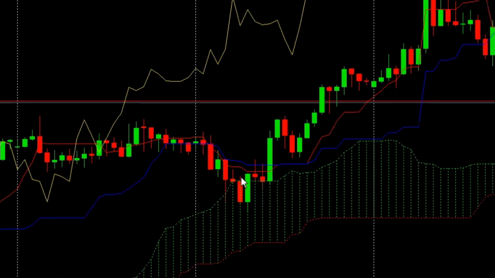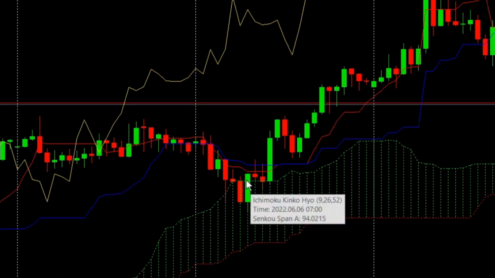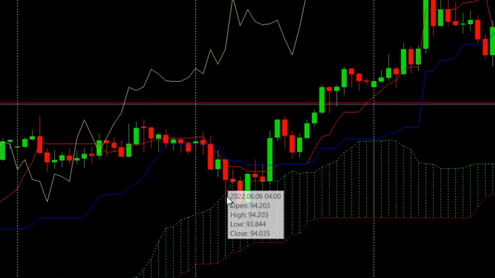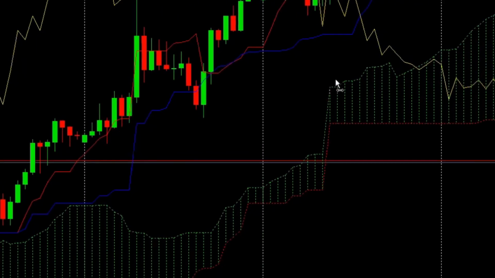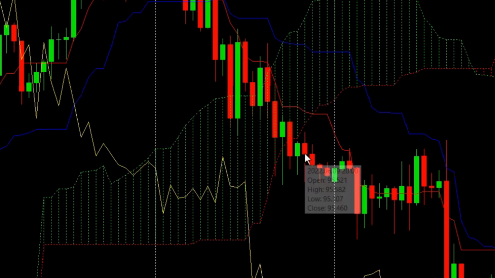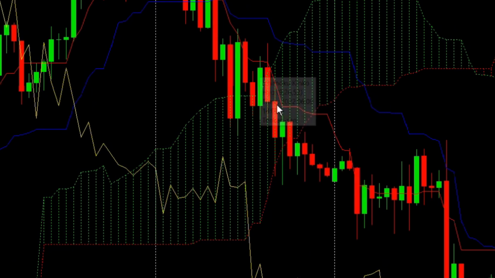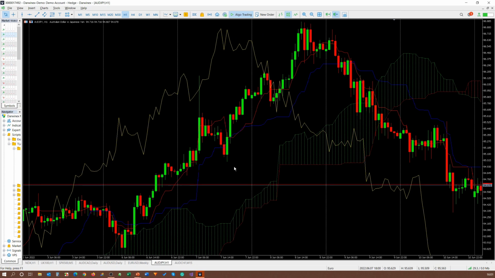But if we decided that we would allow price to come all the way down to here in the hope that the cloud provided some level of support, then we'd still be in the trade at this point, and it wouldn't be until this point here when price broke down south below the cloud that we would then exit. But in this instance, both of these would have produced very profitable positions for us.